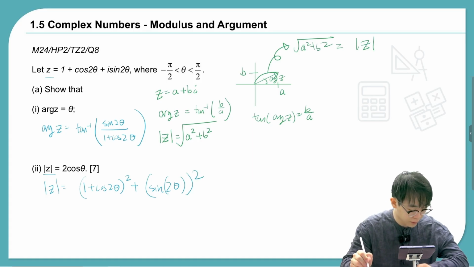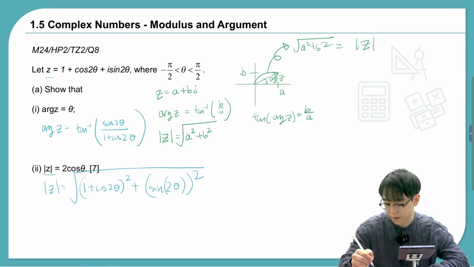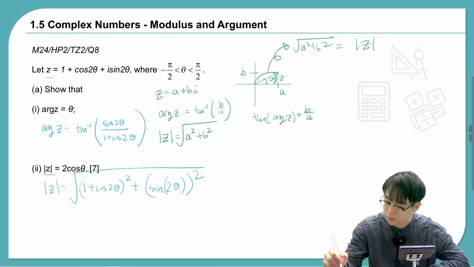Okay. So let's look at the first one. Let's first try to simplify sine 2 theta over 1 plus cosine 2 theta.